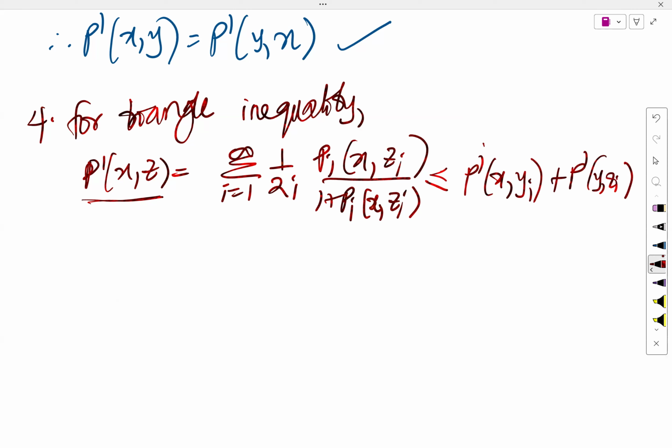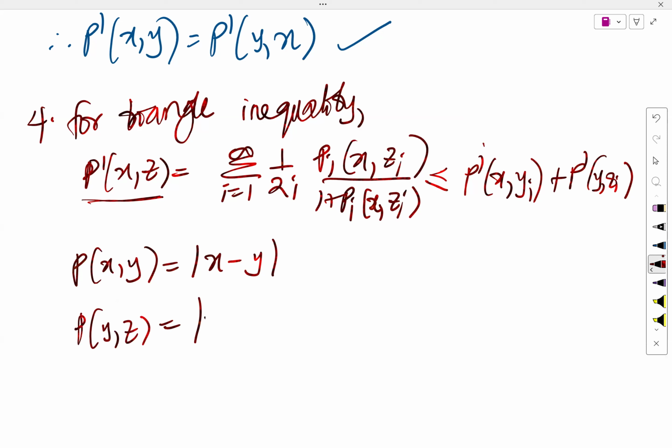So in this case, what do we do? We can start with that p of xy is equal to the absolute value of x minus y. Okay, p of yz, you also know that's the absolute value of y minus z.